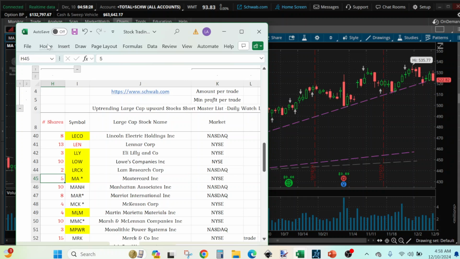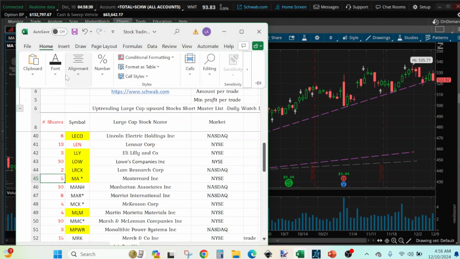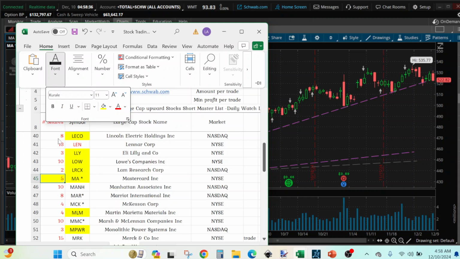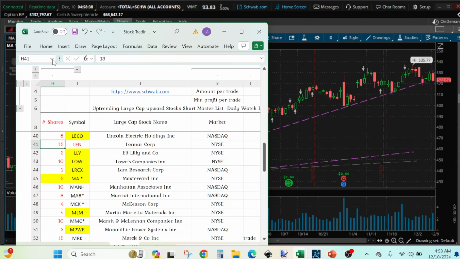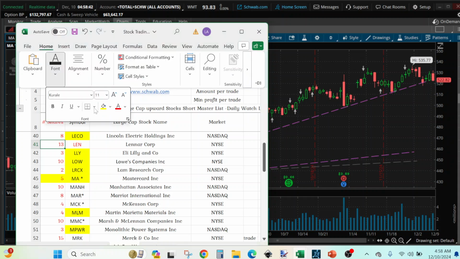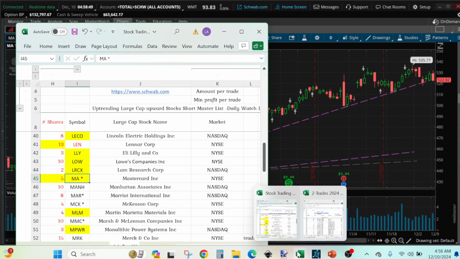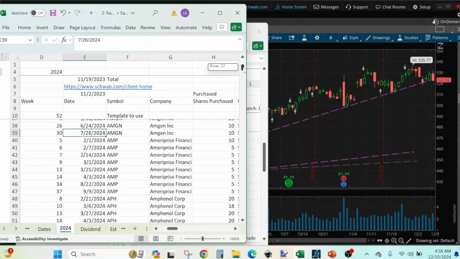Let me put a yellow there. Those are things that I'm going to review when we are done. In fact, I'll be able to check our account here to see if we recorded it recently.